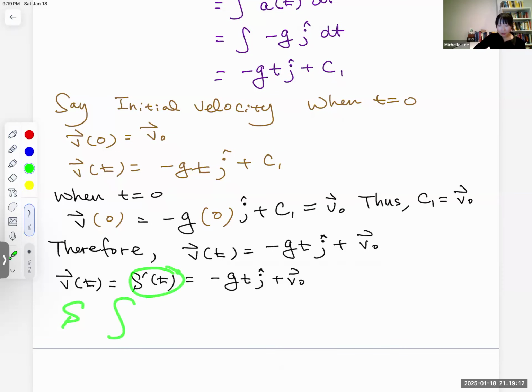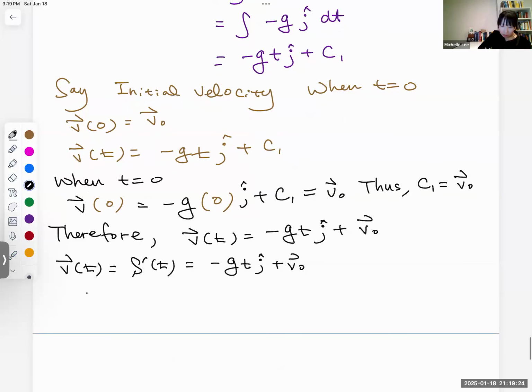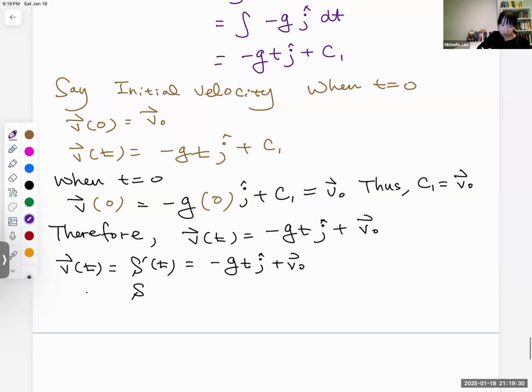We want to integrate s prime of t, right? So we integrate s prime of t, then we get s of t, right?